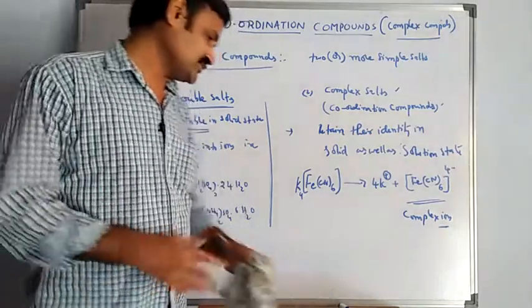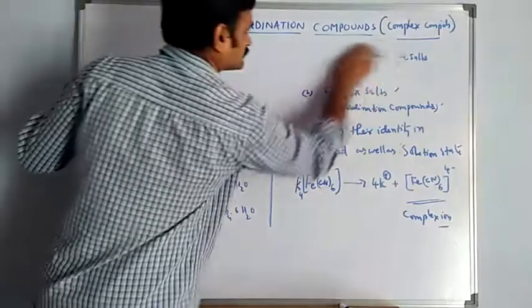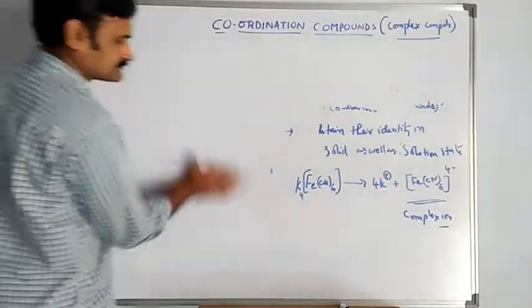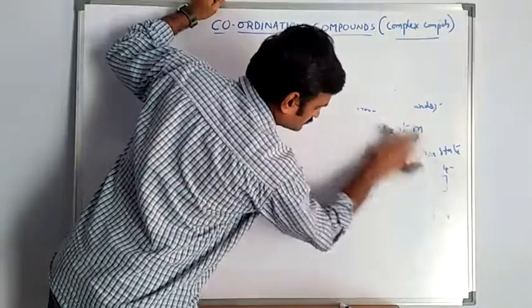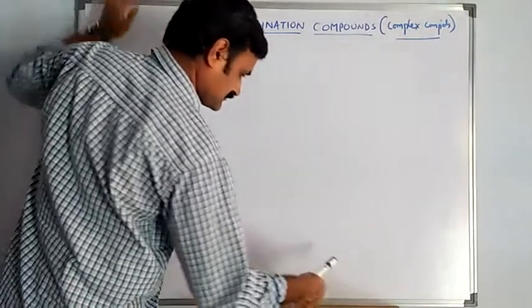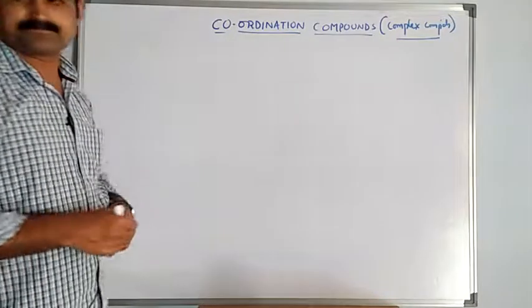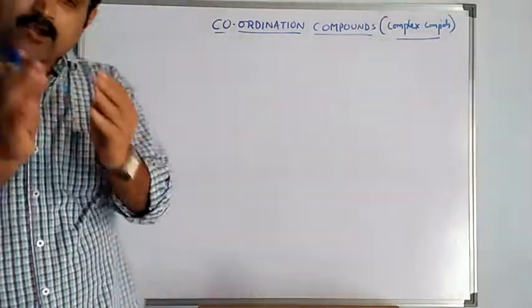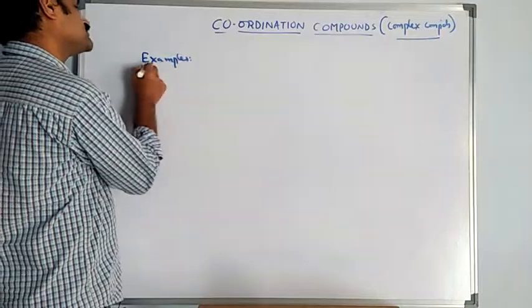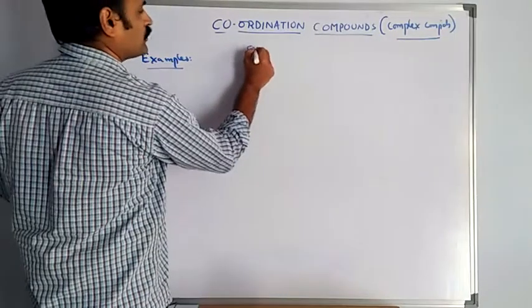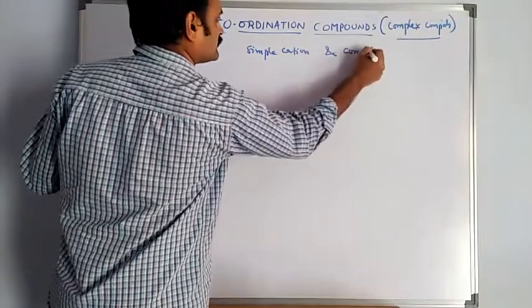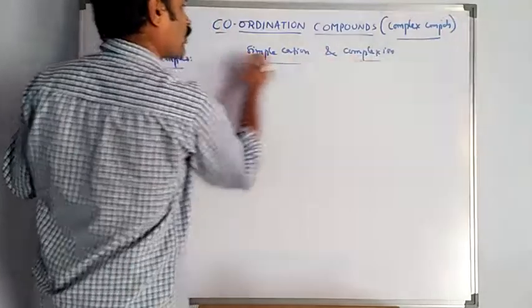Let us take some examples. Here I am going to write examples of a simple cation and a complex ion.